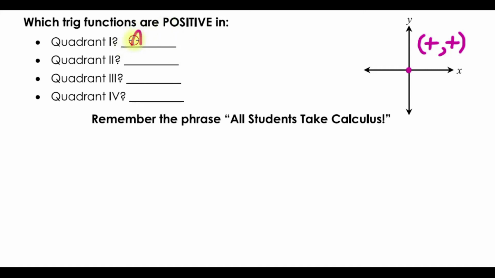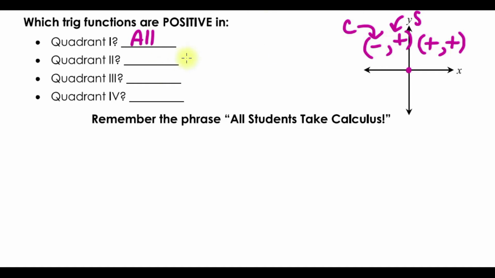So all of the trig functions are positive. Now quadrant number 2, so the x is going to be negative and then the y is positive. So this is your cosine and this is your sine. So the x is the cosine, the y is the sine.